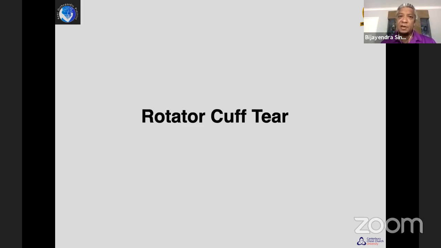Regarding the acromial spurs, there's still no agreement on whether they are an effect or the cause of the impingement and cuff tears. There are some thoughts about intrinsic factors, where the blood supply to the rotator cuff becomes tenuous, which increases the tear.